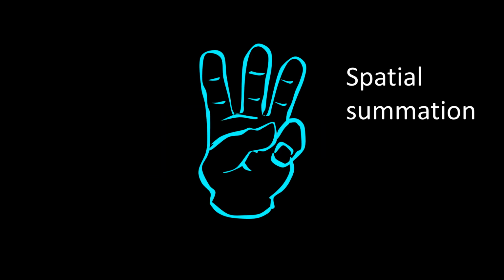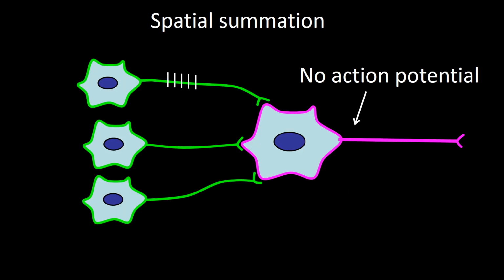The third term is spatial summation. In this frame, you can see action potentials from a single neuron reaching a larger neuron but not producing an action potential. In this frame, you can see the action potentials of 2 neurons reaching the larger neuron at different sites but still no action potential.